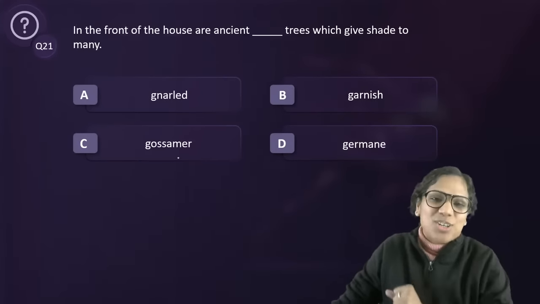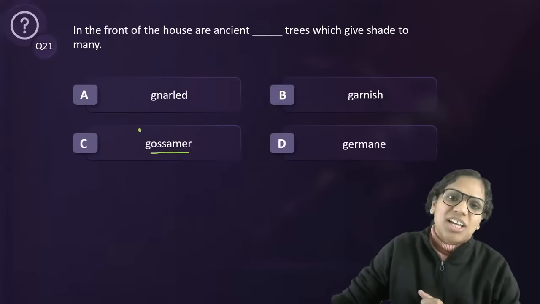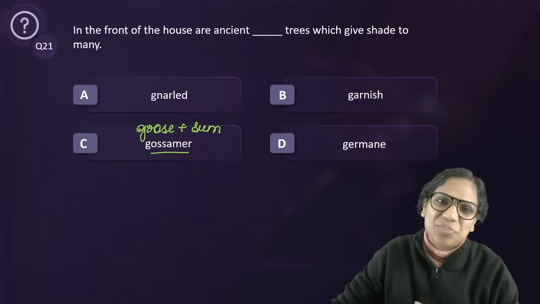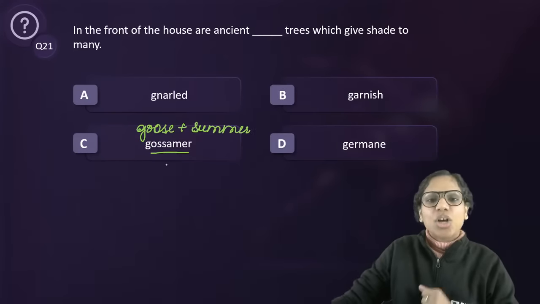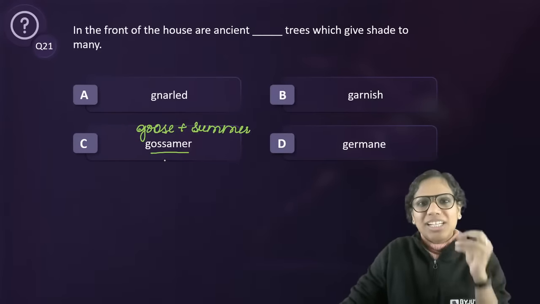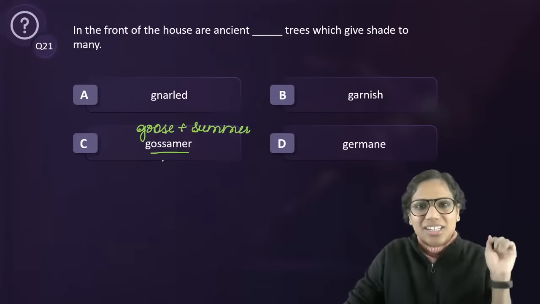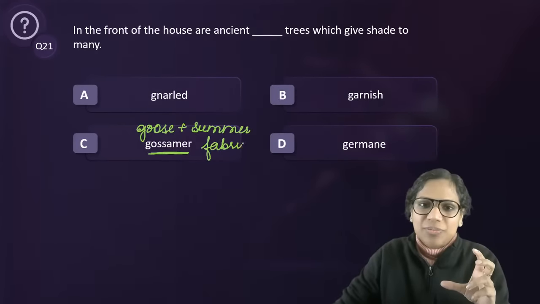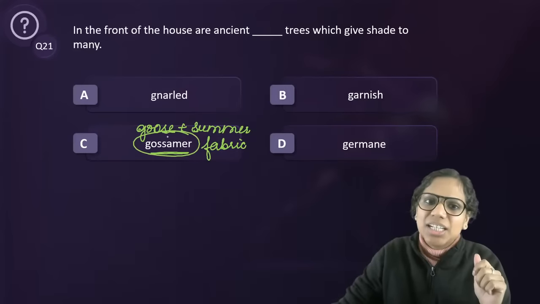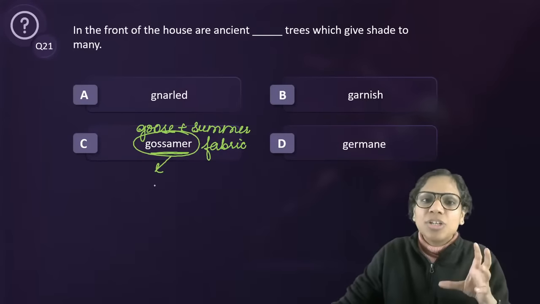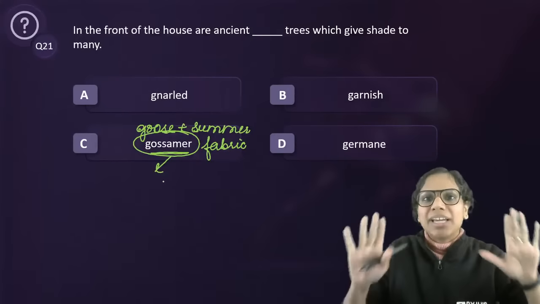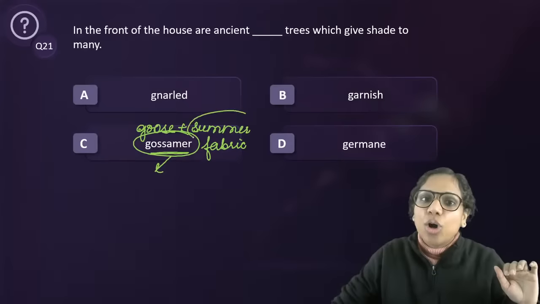Gossamer. That's how it's pronounced. It actually comes from goose plus summer. Gossamer refers to fabric that's very delicate, very transparent. That sort of fabric is called gossamer fabric. And from where has it acquired this name? Gossamer was actually a sort of cobweb woven by spiders in the autumn season.